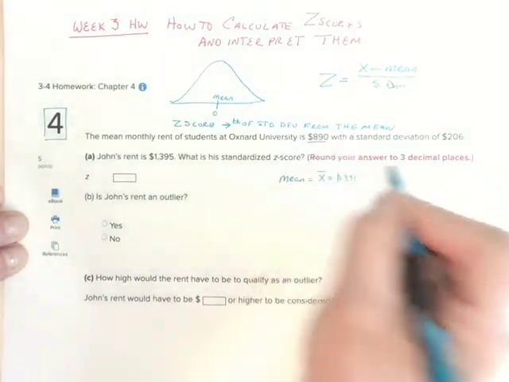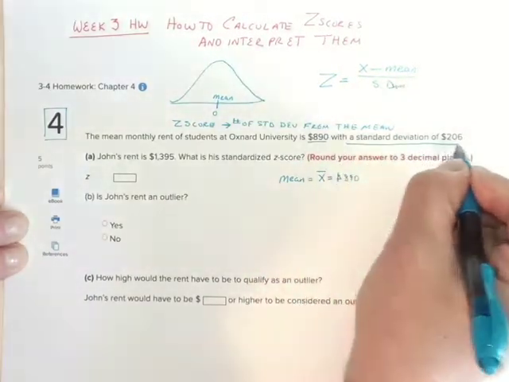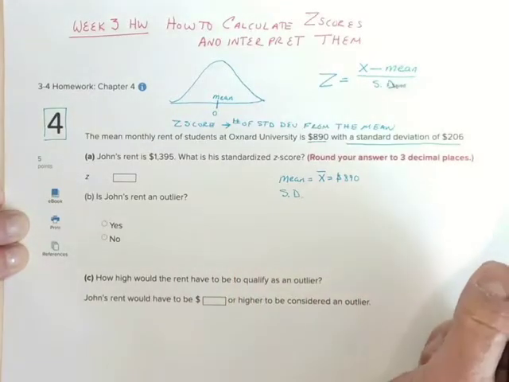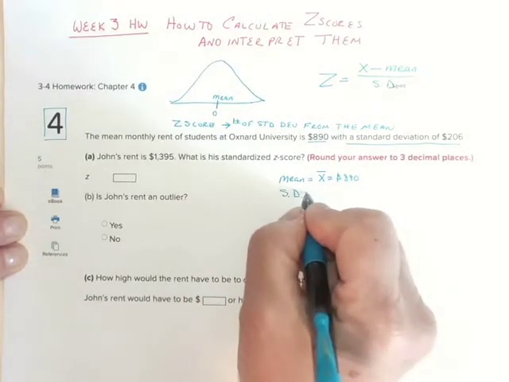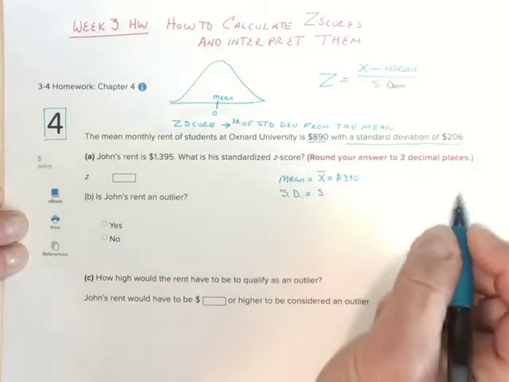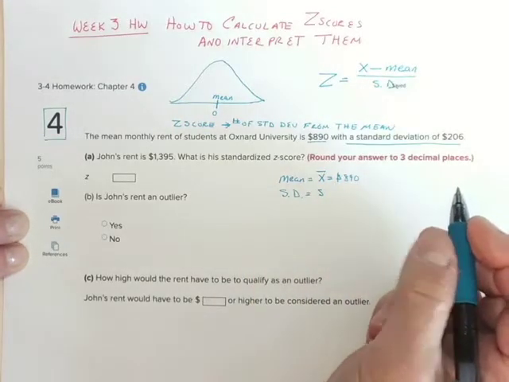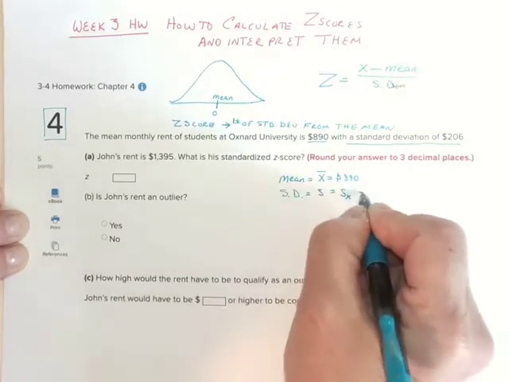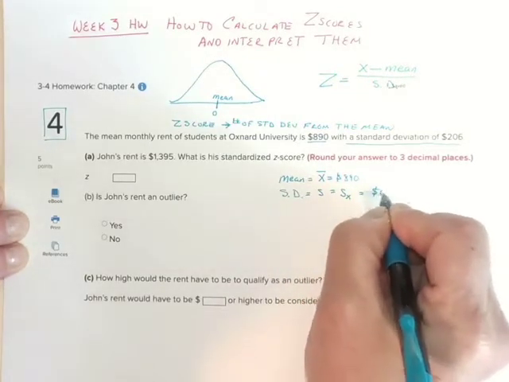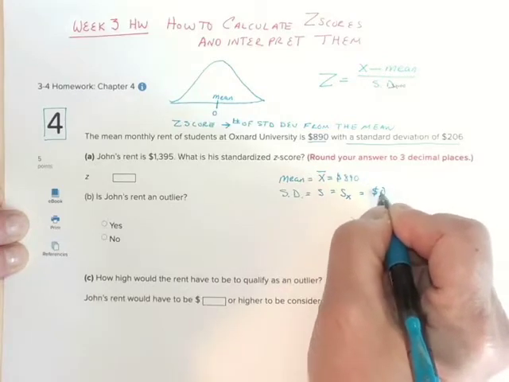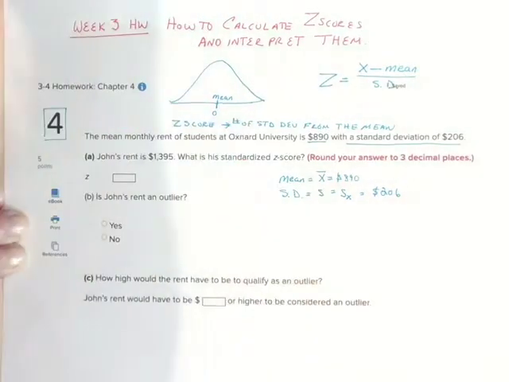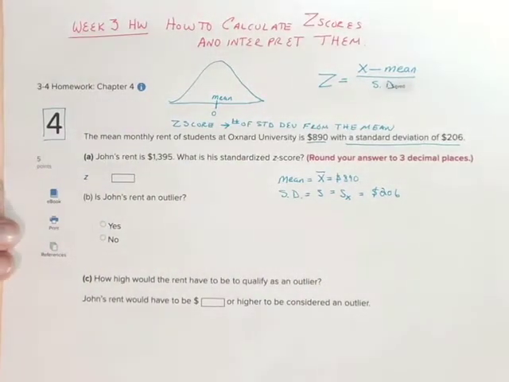The standard deviation, which a lot of us will abbreviate as SD, is represented with the variable S, sometimes Sx, and is $206. So that is the information that you were given.